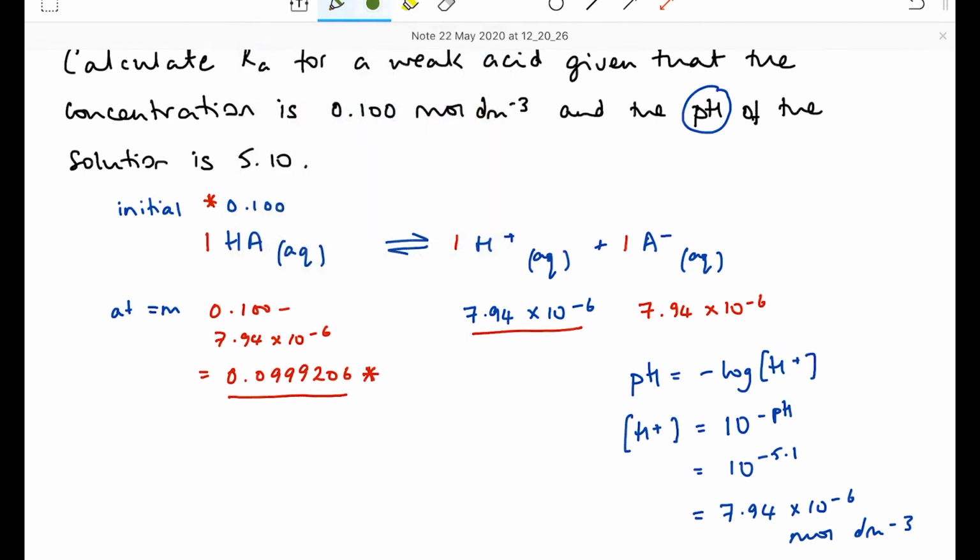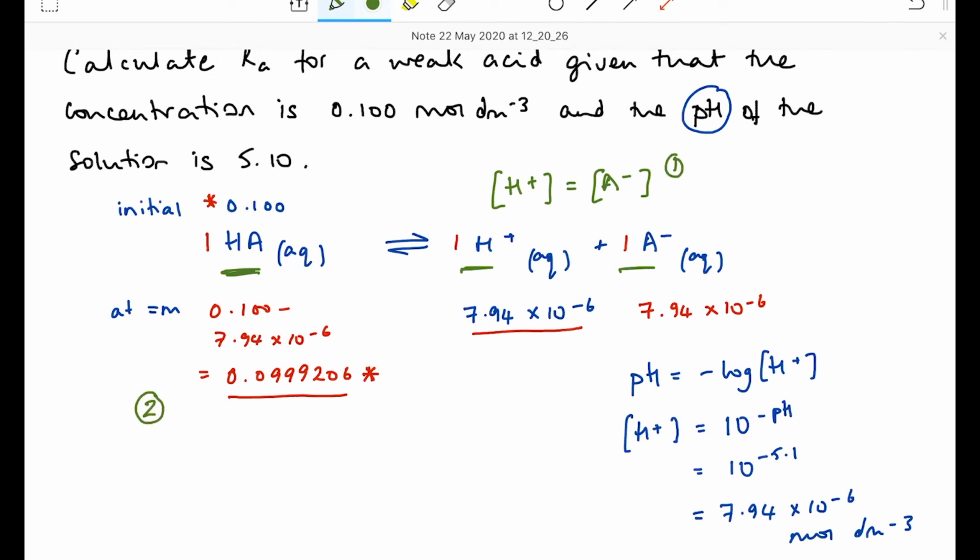Our first assumption is that the hydrogen ion concentration at equilibrium always equals the anion concentration. We can see that here. That makes complete and utter sense because our acid molecules always dissociate in a ratio of 1 to 1. So that is assumption number 1.